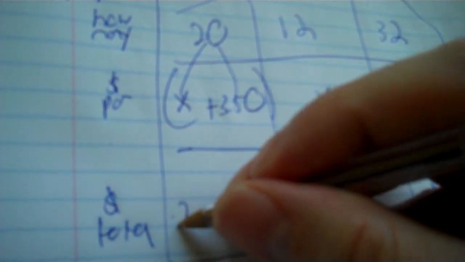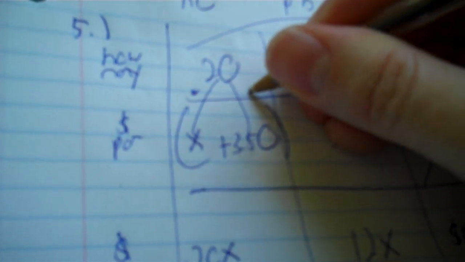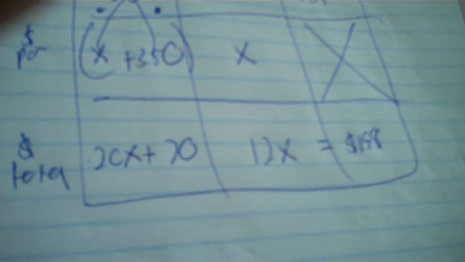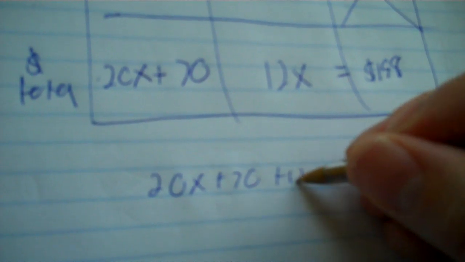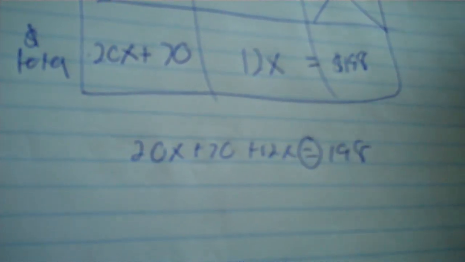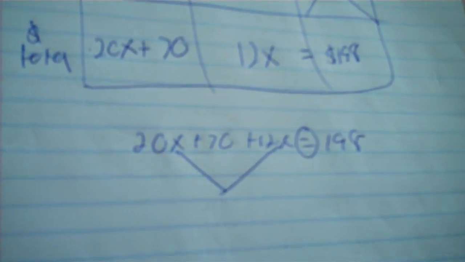So that's going to be 20x, and then 20 times, and you're timesing these, remember. 20 times $3.50 is 70. So you have one equation, that's all you need. 20x plus 70 plus 12x equals 198. Now remember, the x's are on the same side of the equal, so don't minus 12, minus 12. You need to add those.